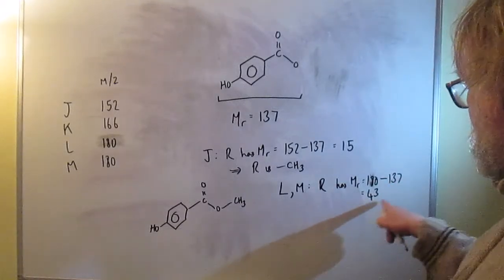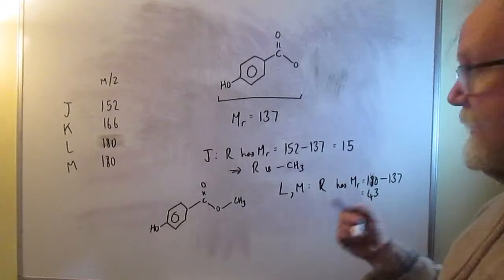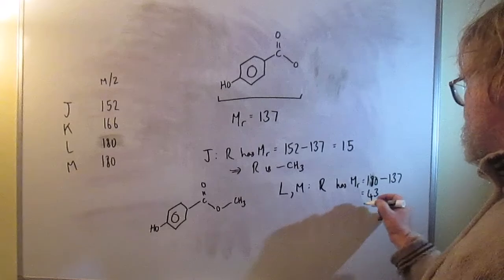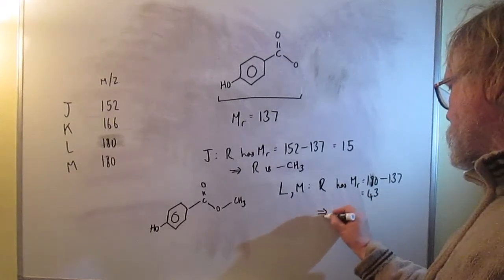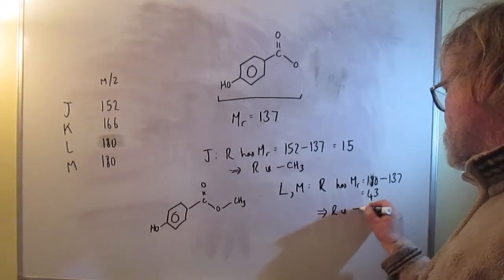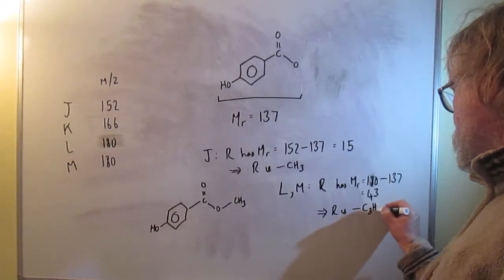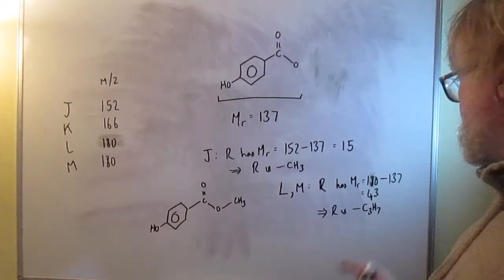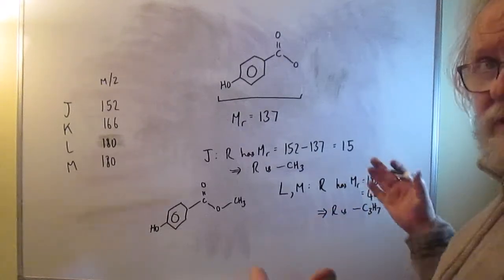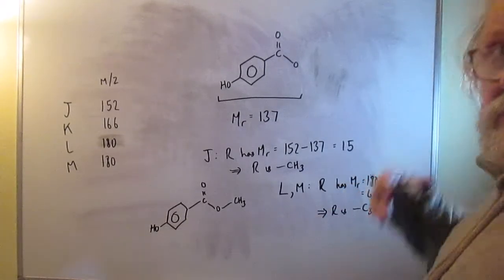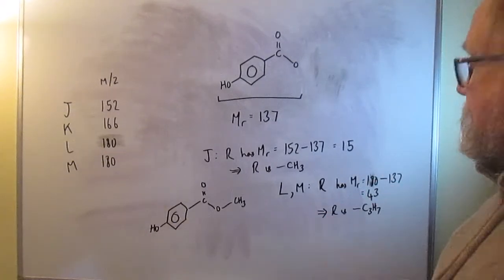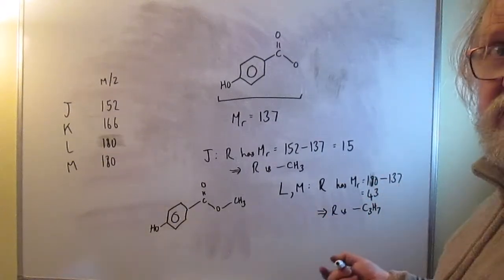Okay, 4 carbons would be too much, because that would come to 48. 2 carbons would be 24, but that would leave you with far too many hydrogens. So that implies that R is C3H7. Now the point about that is that that doesn't tell you what the structure is, because C3H7 is ambiguous. It could either be a straight chain or it could be branched. So the reason there are 2 of them is that one is the straight chain one is the branched one.